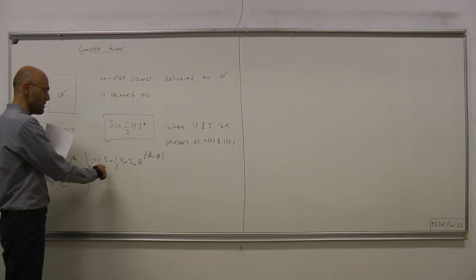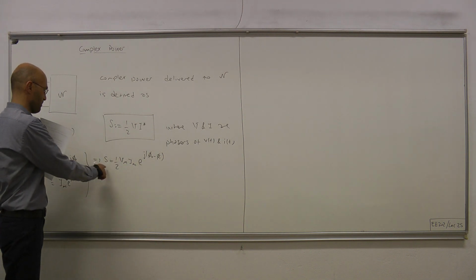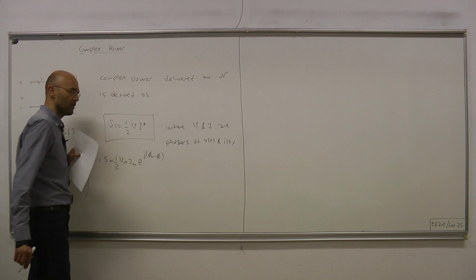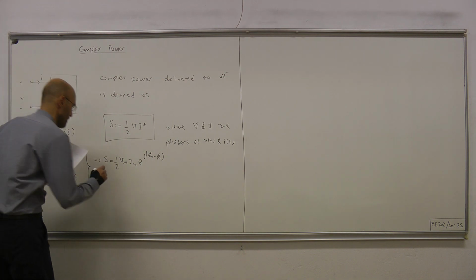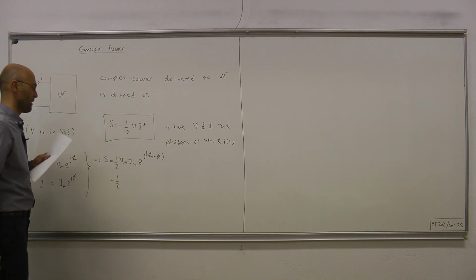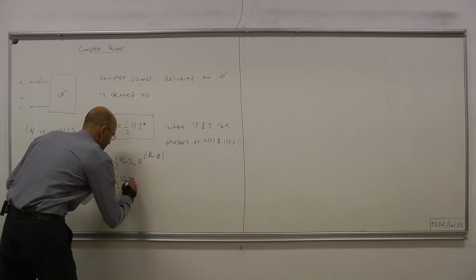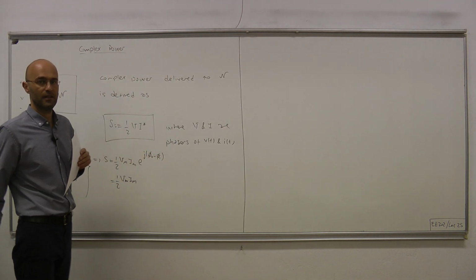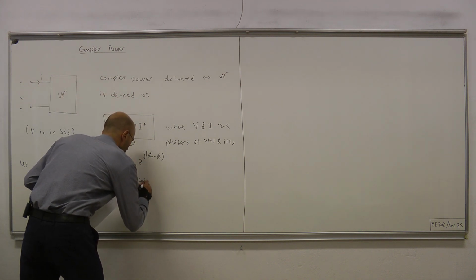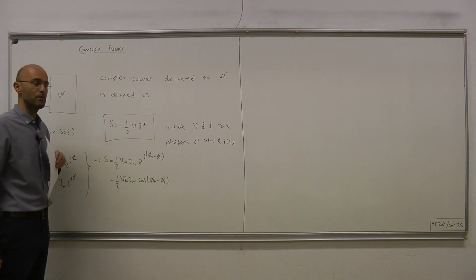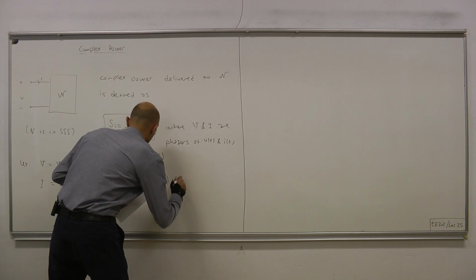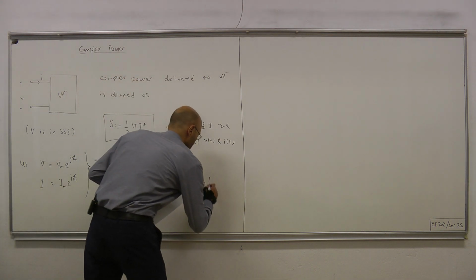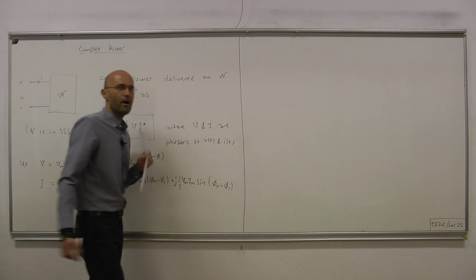So this is the polar expression of S. Its magnitude is 1/2 Vm Im, and the phase is the difference of the phases of voltage and current, phi V minus phi I. That can be written in rectangular form as follows: 1/2 Vm Im, that's the magnitude, times, because e to the j theta is cosine theta plus j sine theta, the famous Euler's identity, cosine of phi V minus phi I, that's the real part, plus j 1/2 Vm Im times the sine of the phase difference, phi V minus phi I.